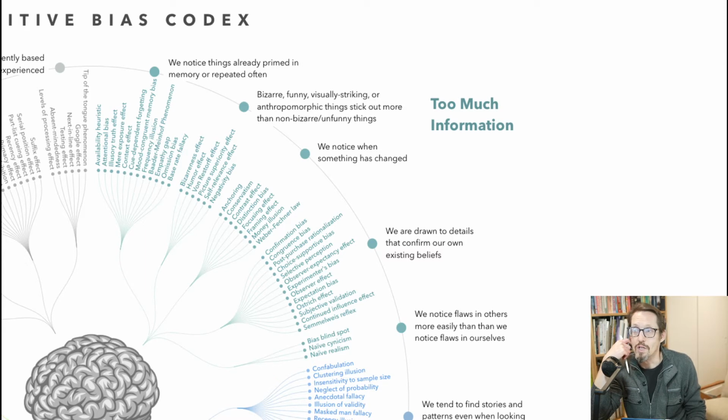We're going to be drawn potentially to details that confirm our own existing beliefs, like confirmation bias. And we may be blind to our own problems. We may notice flaws in others that we cannot find in ourselves, right? We notice things more often when they're already primed in our memory or repeated very often. So we're more likely to know repeated elements than things that are rare.